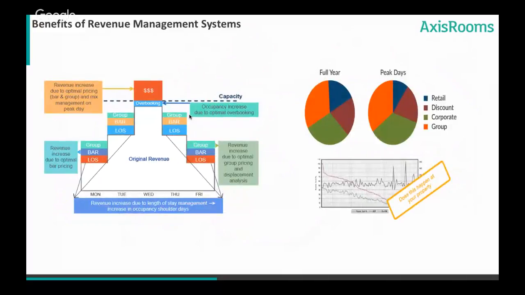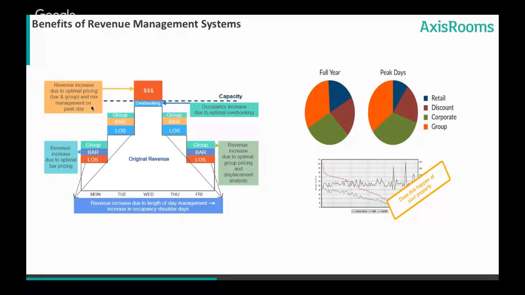So if we look at this here, we can see how and where a revenue management system optimizes your hotel. On peak days, the revenue management system will help you drive revenue within your optimal market mix decisions, as well as BAR and group pricing. On your high occupancy days, it will help you drive revenue and increase occupancy through accurate overbooking to ensure you are selling to capacity.